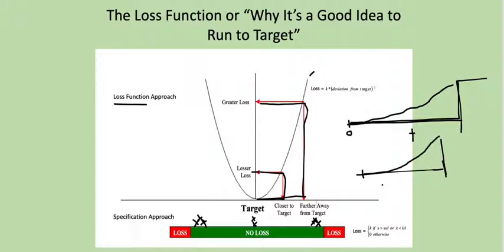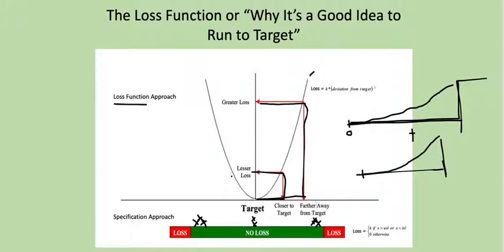So really the strategy there is, if you're drinking, don't be driving, and if you're driving, have 0 drinks, because you're not going to wait till this upper limit and think you're going to be safe anywhere in this region, because you're definitely going to be impaired. So that's the comparison between the loss function and the specification approach.